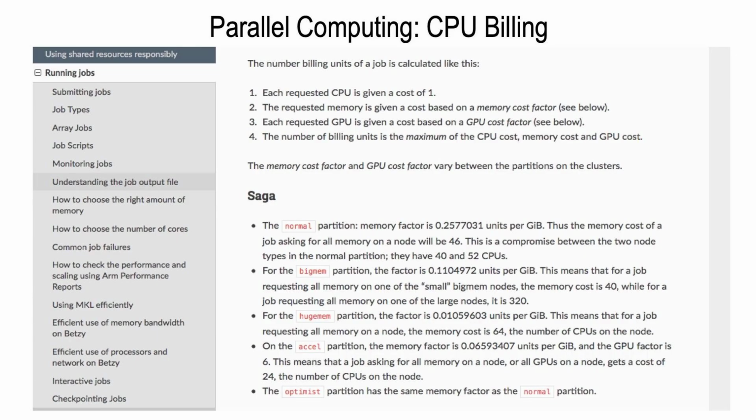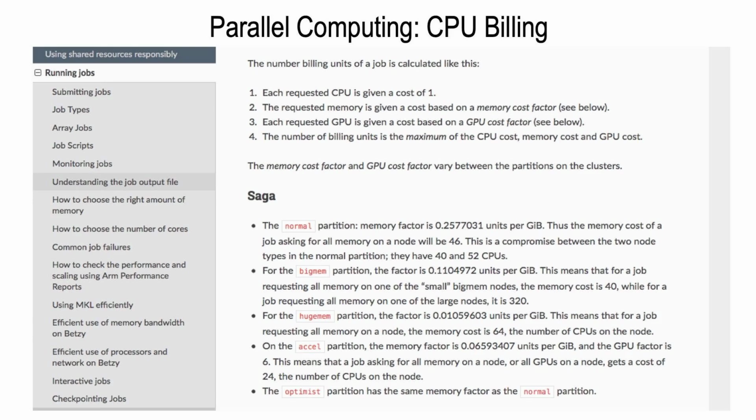Each normal compute node has 192 gigabytes of memory. If we divide this memory by 40, we get 4.8, and by 52, we get 3.7. To maintain memory balance, it's advisable to request around 4 gigabytes per CPU core for a job on the normal nodes.